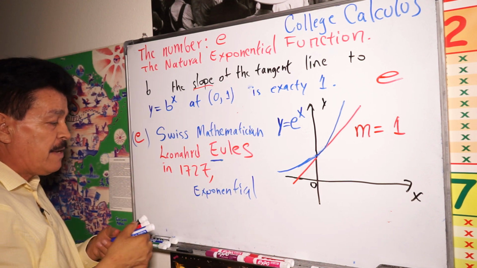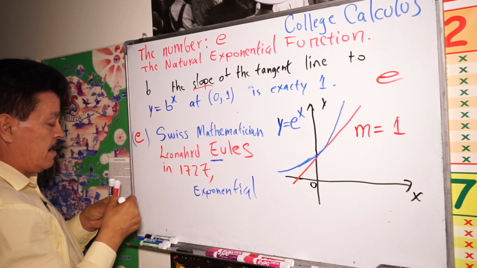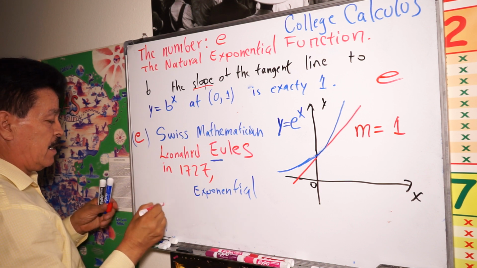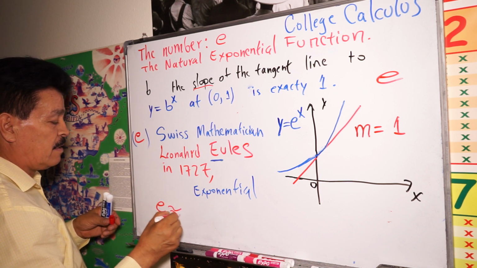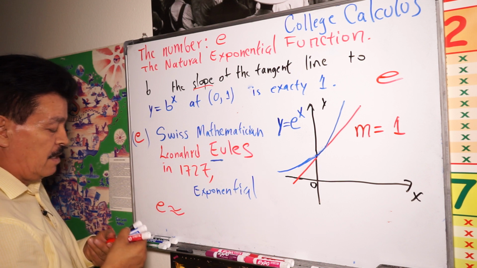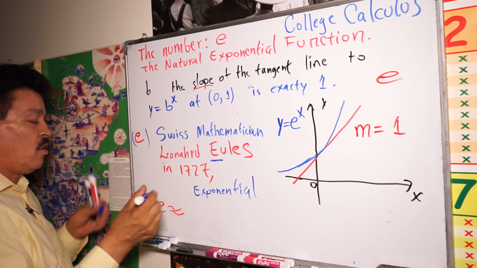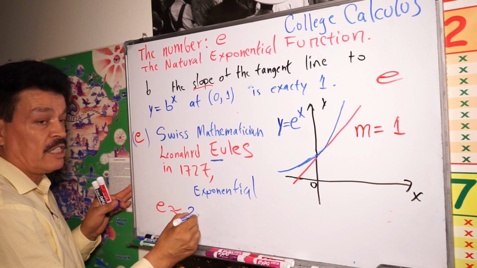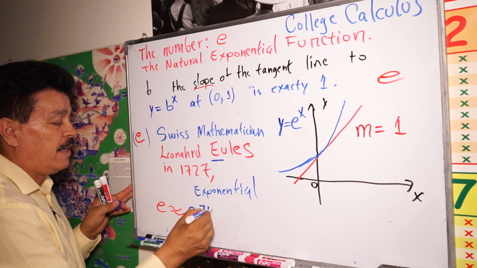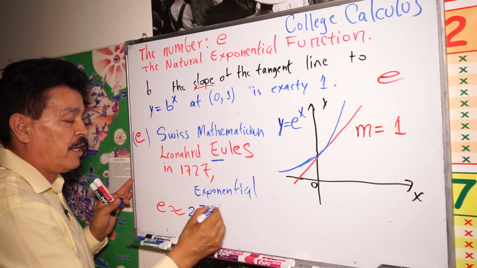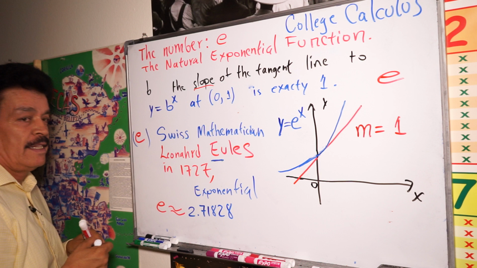So e is approximately 2.71828. This is the value.